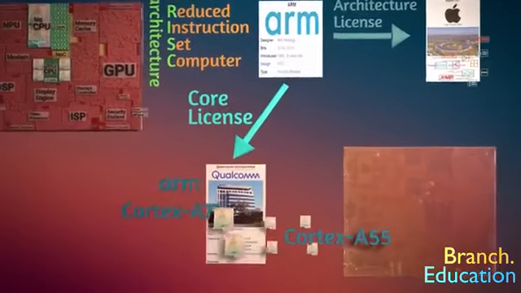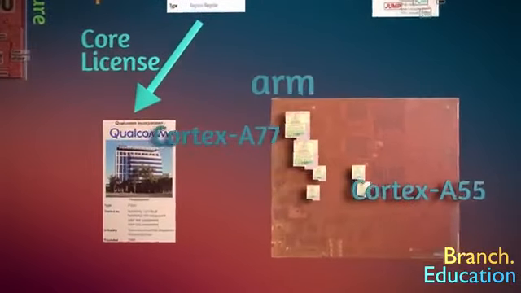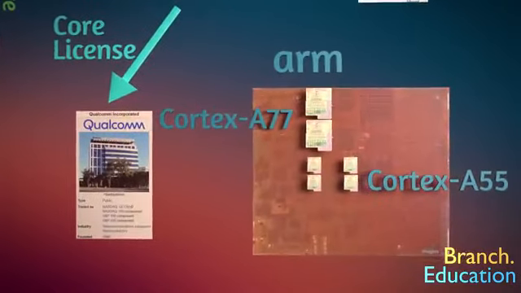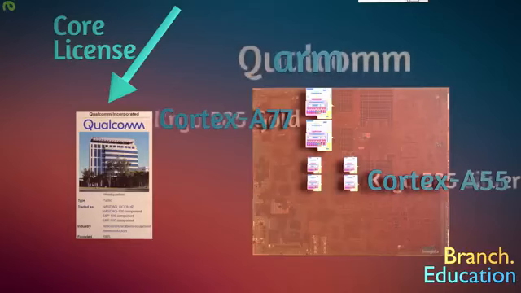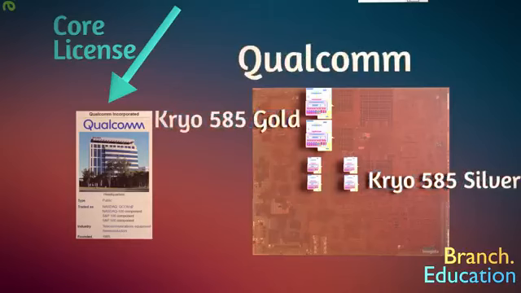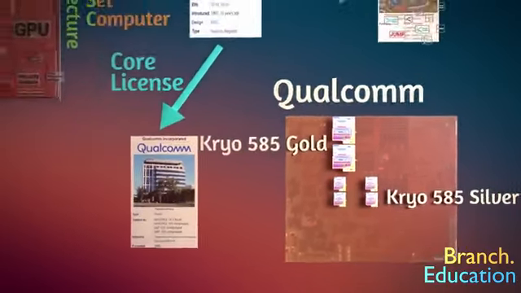Qualcomm then integrates the ARM IP cores into its SoCs, sometimes keeping the design of the core as is, but more often modifying or customizing the ARM core to better suit Qualcomm's design needs, and, in the process, Qualcomm rebrands the name of the CPU.